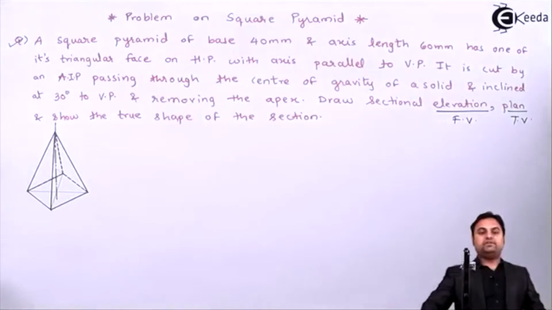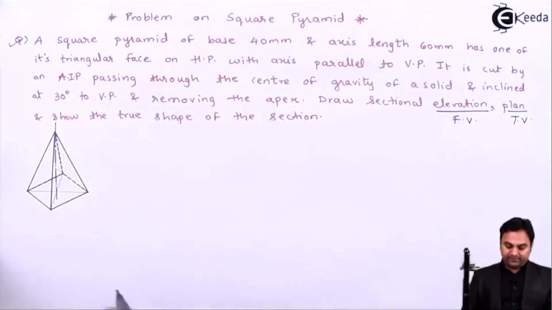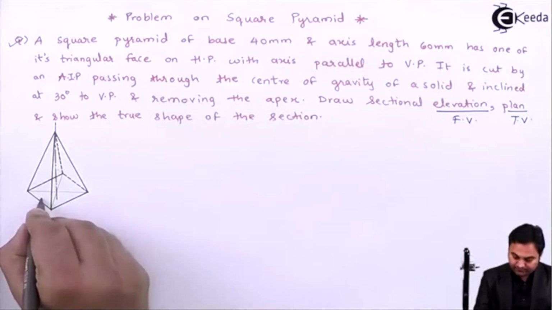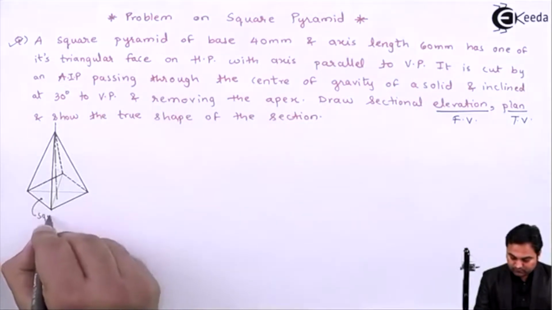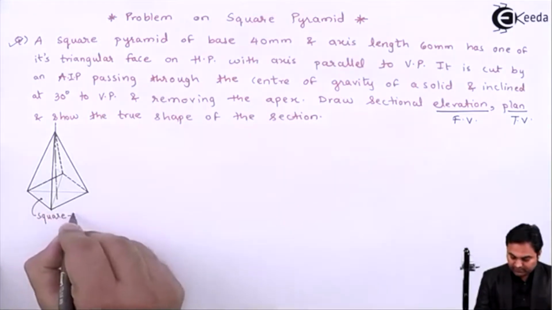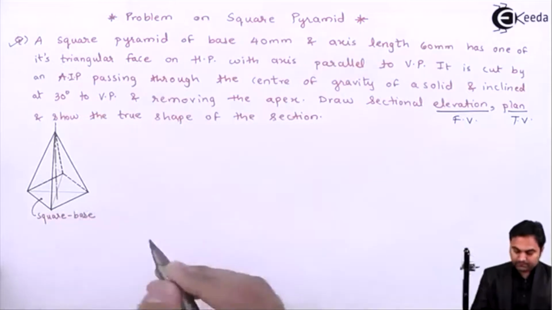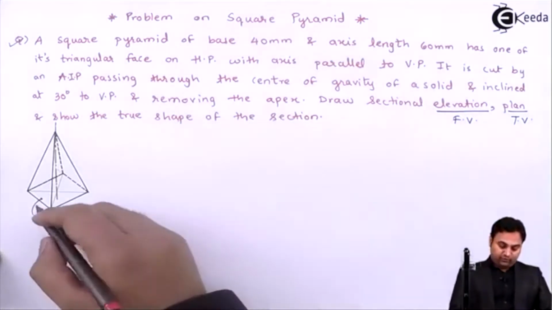So here we have the diagram of a square pyramid in which we have a square base. It has four corners.